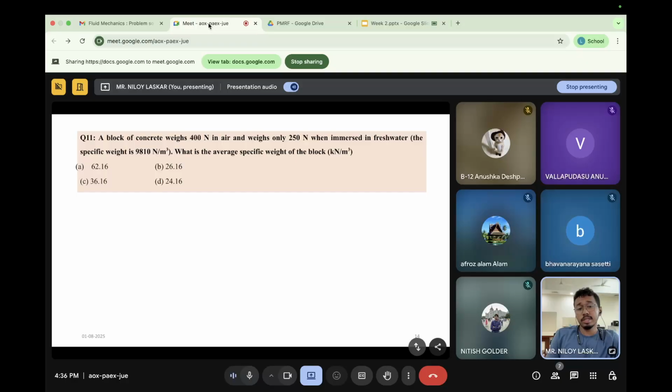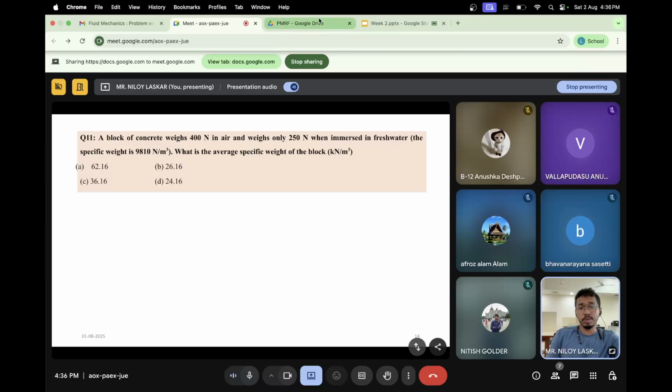It's basically the Archimedes principle. Here you need to apply the Archimedes principle. So what does this principle state? I am just giving you a hint to solve.